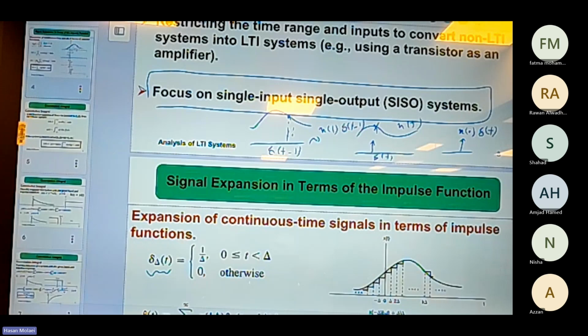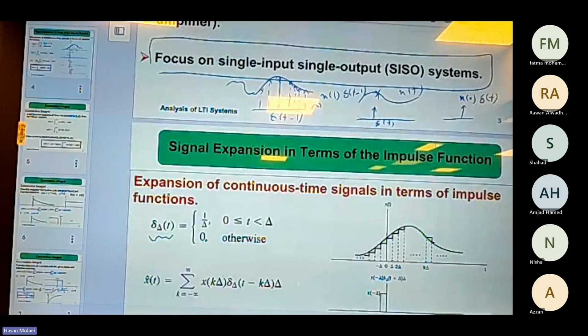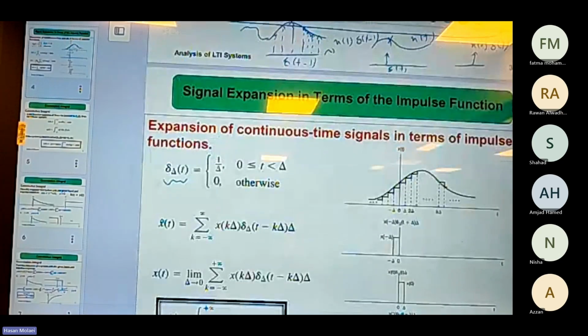If I keep multiplying by different deltas with time shifts and add them together, I will construct x(t) again.